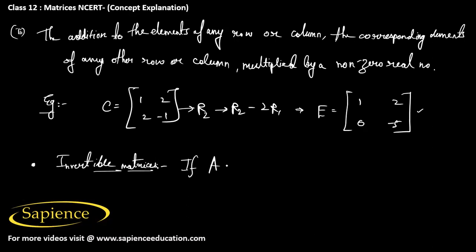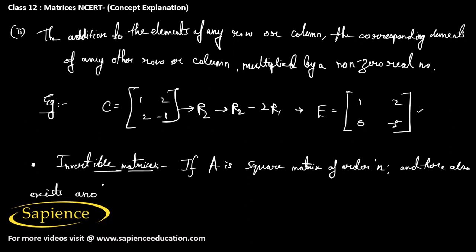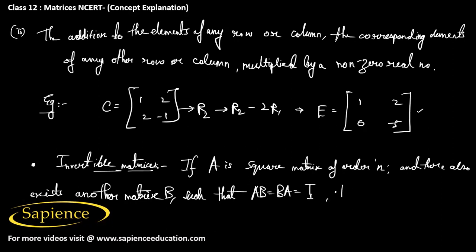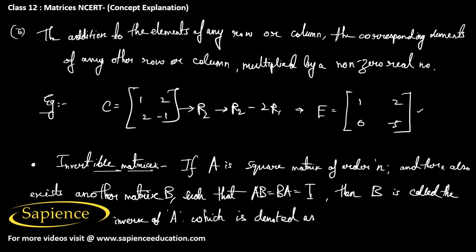The rule is that if A is a square matrix of order n, and there also exists another matrix B such that A into B is equal to B into A, which is equal to the identity matrix I, then the matrix B is called the inverse of the matrix A, which is denoted as B equal to A inverse.